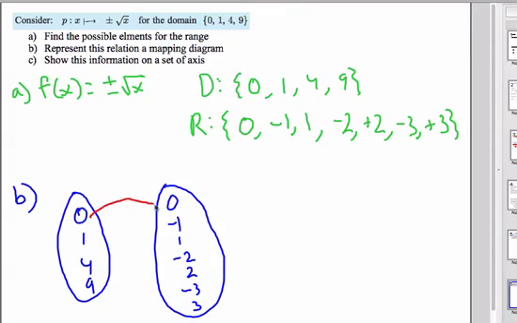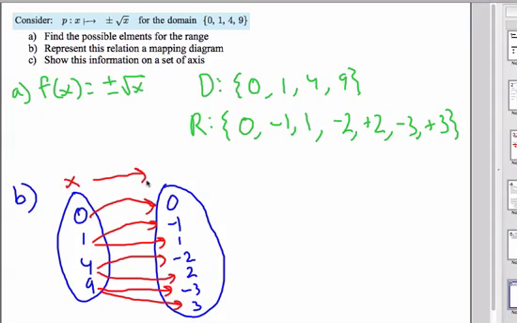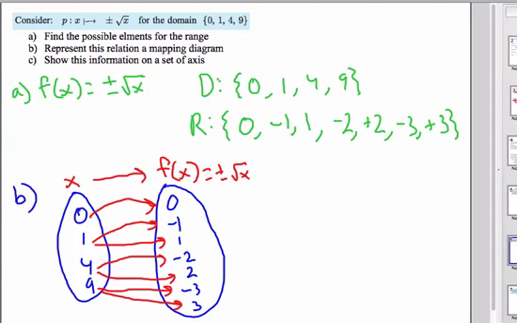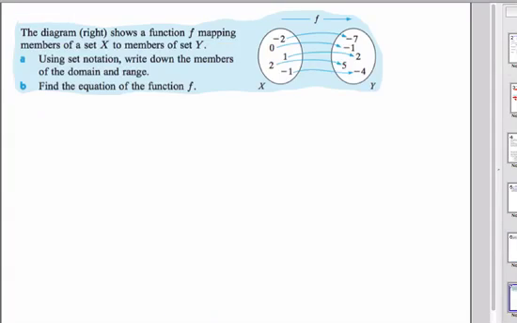So 0 maps to 0, 1 maps to negative 1 and to 1, 4 maps to negative 2 and to 2, 9 maps to negative 3 and to 3. So that's what it looks like. You can write x here, and you can write the arrow as f of x, or you can write in the function positive negative root x. So that's your mapping diagram for that one.